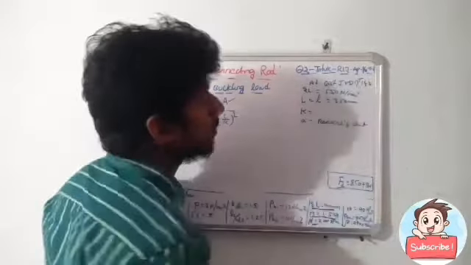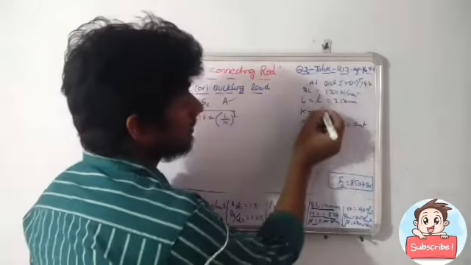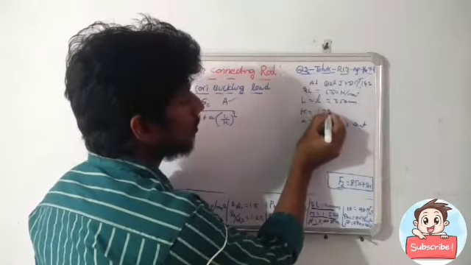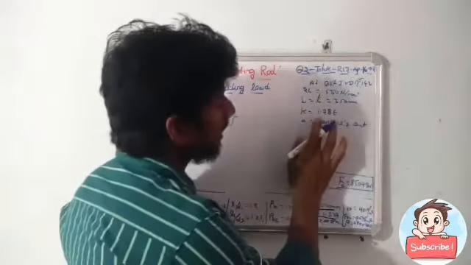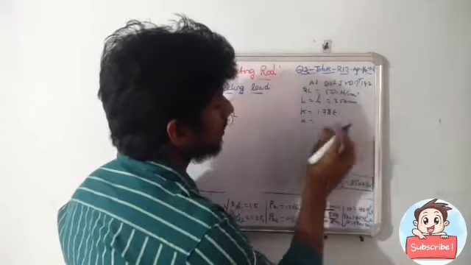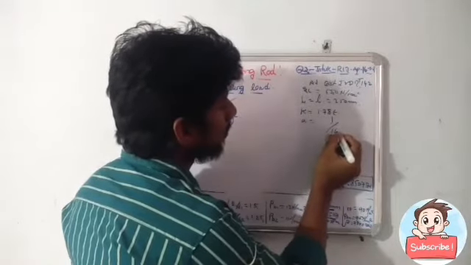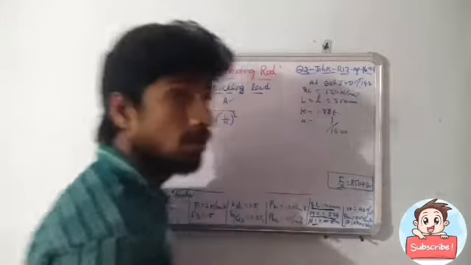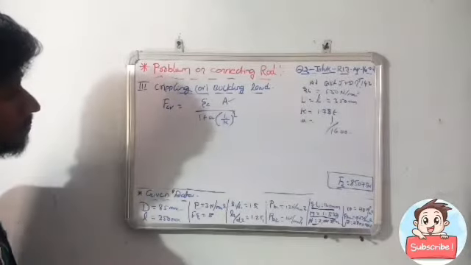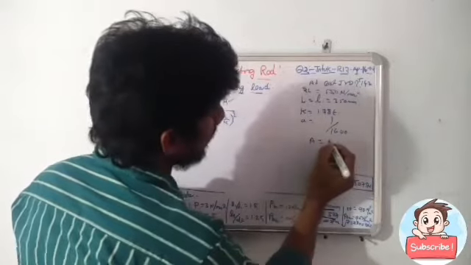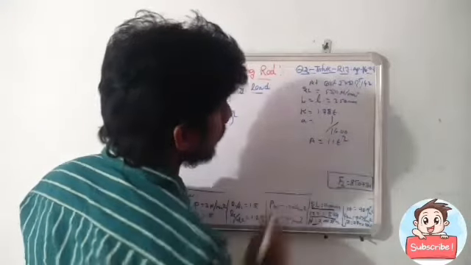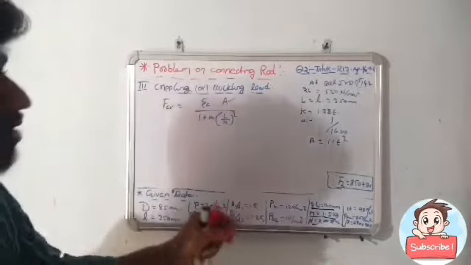And here the least radius of gyration value is 1.7 times of t. Okay, what is the Rankine constant here? That Rankine constant value is 1 by 1600. And here the area of the cross section of the connecting rod is 11 t square. So these are the considered values.